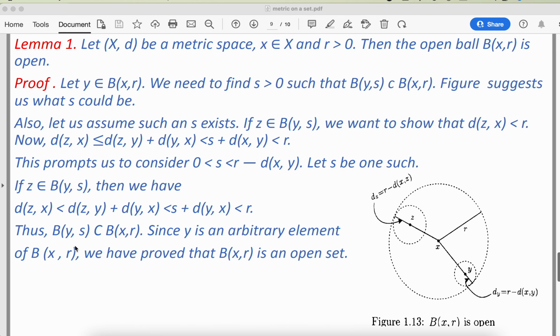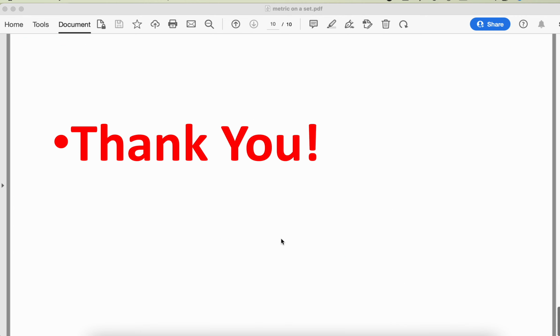It means that the ball centered at y and radius s is a subset of the ball centered at x and radius r. Since y is an arbitrary element, we can select any other element of B(x, r) also. We have proved that B(x, r) is an open set. Thank you.